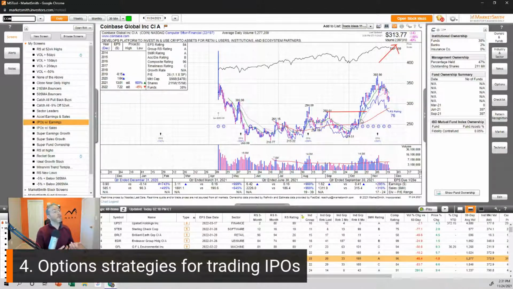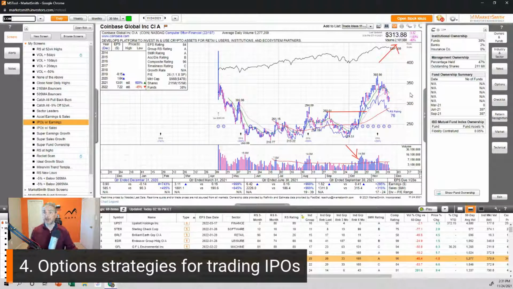I would look at this and say, well, how far do I think price can move, given a bunch of different variables, right? So some of the variables might be the length of the base, the power of the breakout, and you can see down here that volume was very heavy on this breakout.